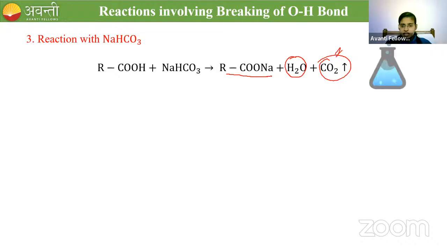You can see the brisk effervescence, that means bubbles. That is carbon dioxide gas coming out from the container. So in all the three reactions, the byproduct is changing, the main product remains same. Very easy. Do you have any doubts from these three reactions, which involve the breaking of OH bond?